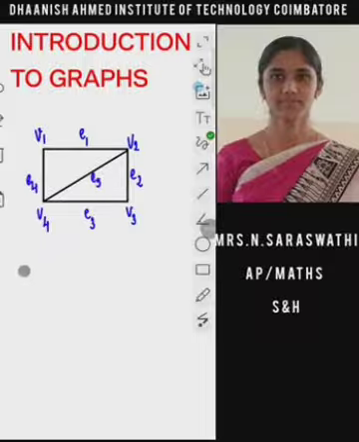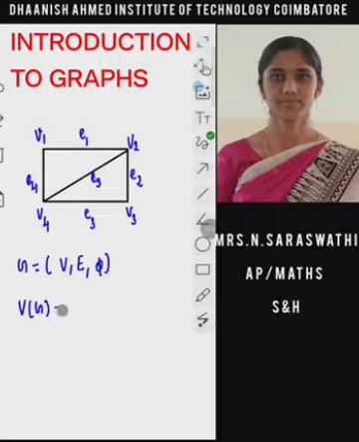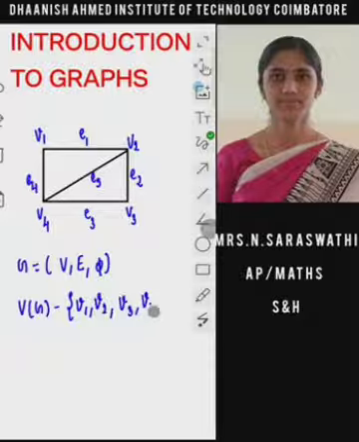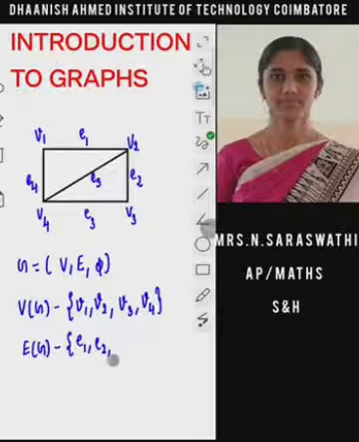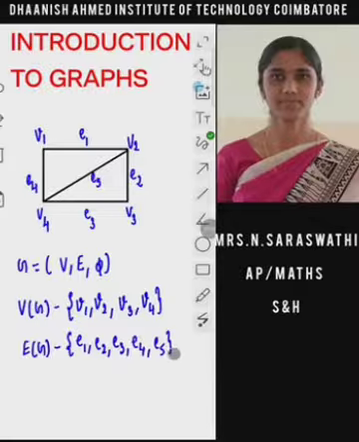Here we can represent this graph G as V, E, pi, where V of G is nothing but the set of vertices. So here we have 4 vertices. So V1, V2, V3, V4 will be the set of vertices, and E of G represents the edges of the graph. Here we have 5 edges. So E1, E2, E3, E4 and E5, and pi represents a mapping from the set of edges to ordered or unordered pairs.